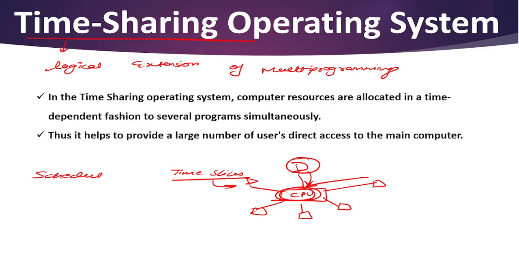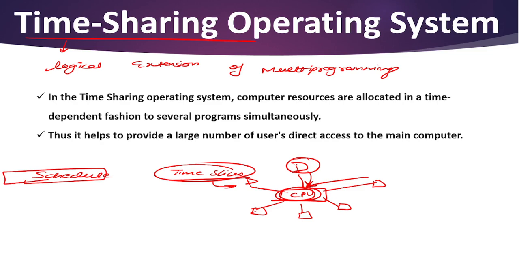I have told you time slices are given here. All the devices are scheduled in this type of operating system and it automatically fulfills the demand by the central devices. So what is CPU scheduling? We will discuss it in next videos. This is a separate topic that is very important for every examination.